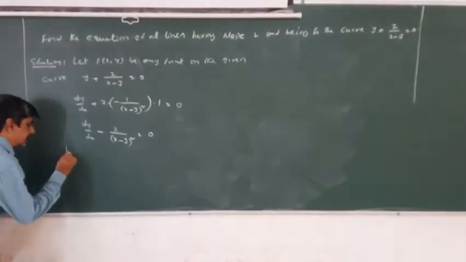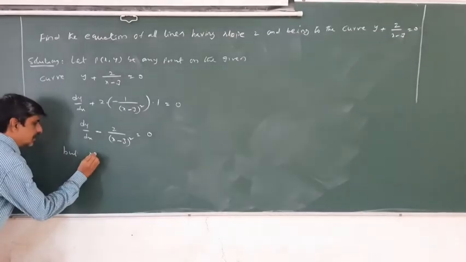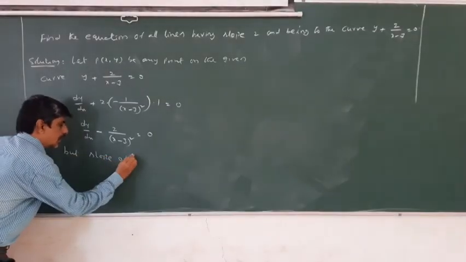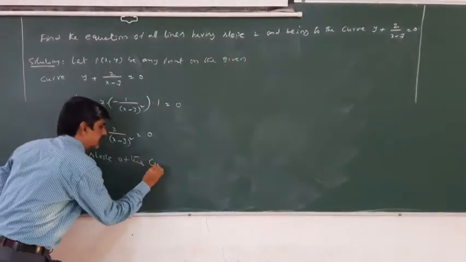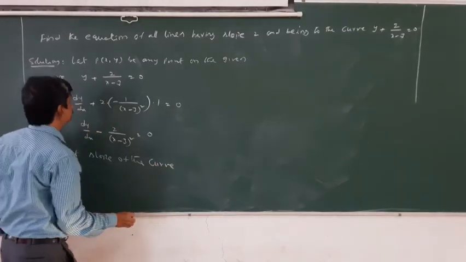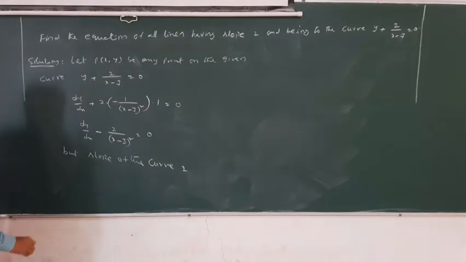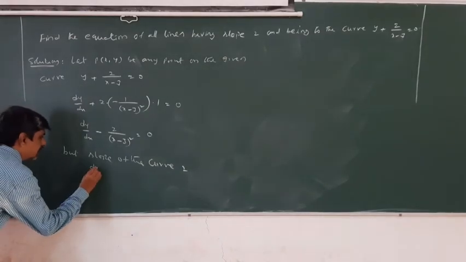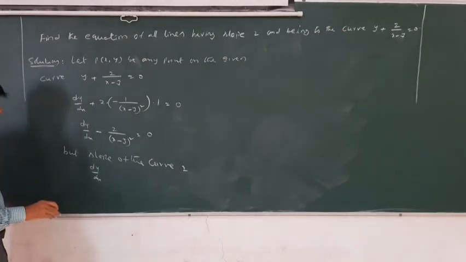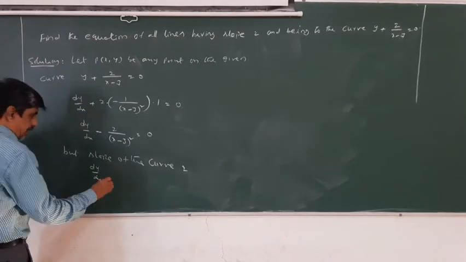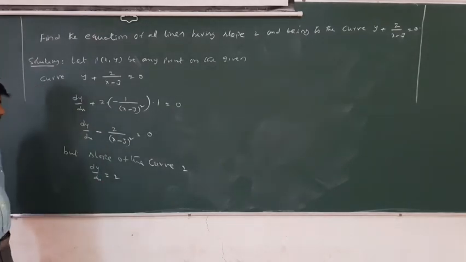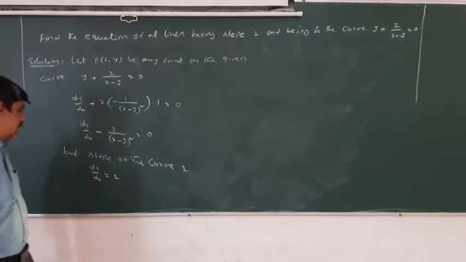But the slope is 2. Therefore dy by dx is equal to 2. Substitute this value in the above equation.